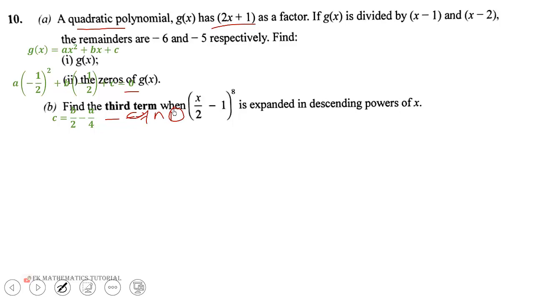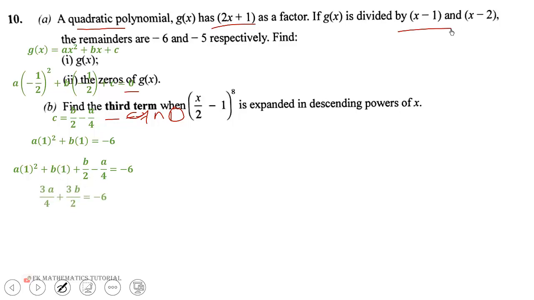Now, we're also told that x minus 1 will leave a remainder of negative 6. So when you put 1 in it, we get negative 6 as a remainder. So we can put c equal to b over 2 minus a over 4 into this equation, and we get something like this.